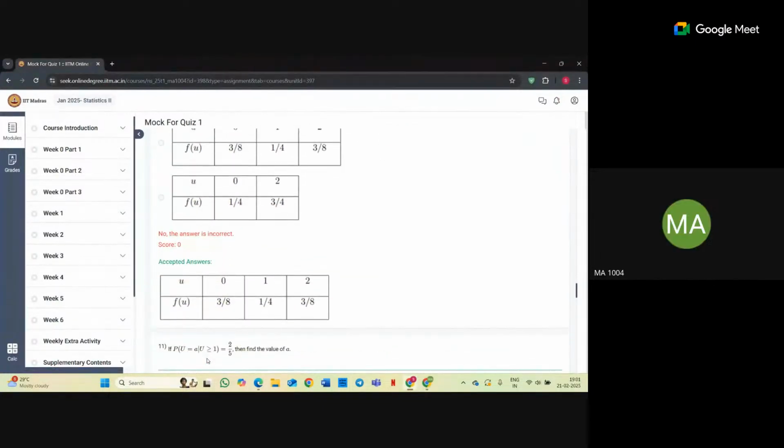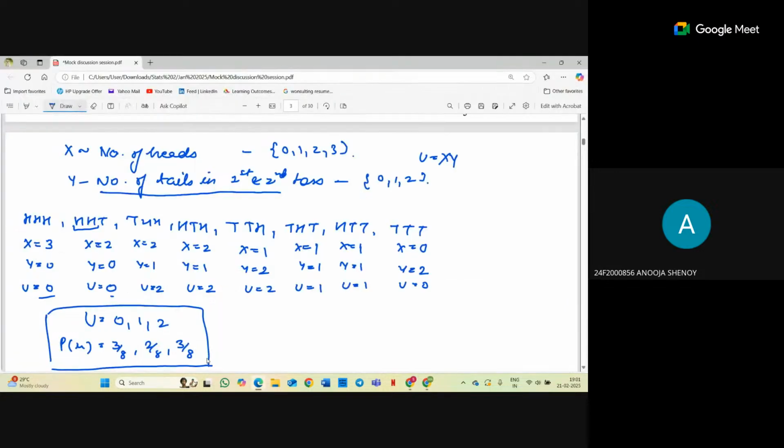Now, solve this question. Ma'am, can you just tell me once more how you took x equal to 2 three ways and x equal to 1 three ways? Sorry to disturb you. Yeah, it's fine.